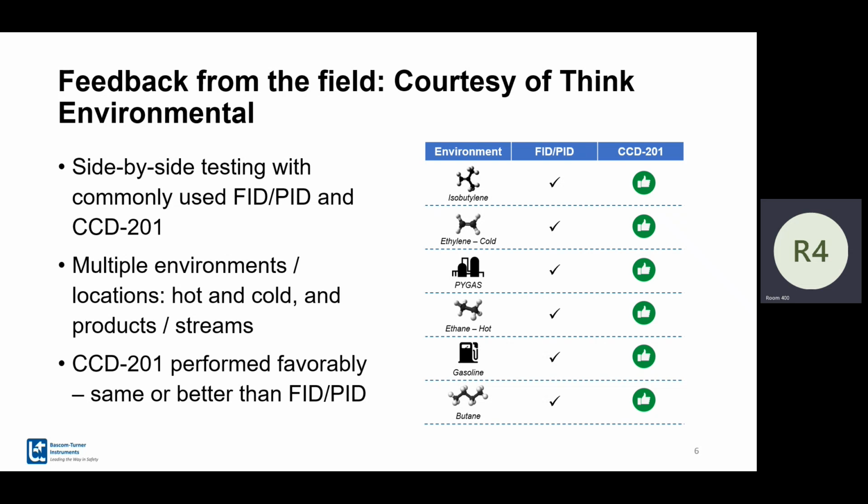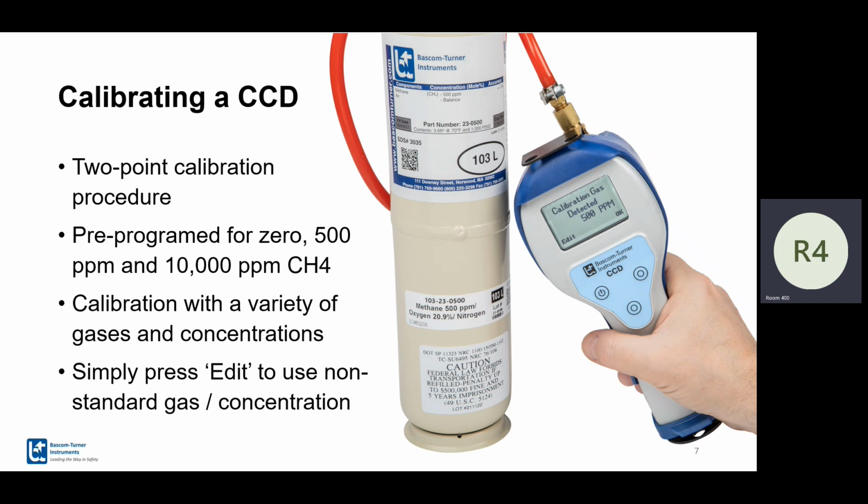Any questions in the back, or should we keep going forward? All right. So we talked a little bit about calibration, and we want to talk about how it calibrates now and what it will do in the future. Right now, we're using a 2-point calibration procedure: zero, and then a pre-programmed concentration for 500, 10,000 ppm methane.